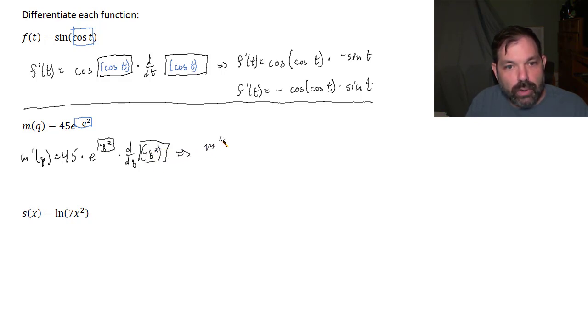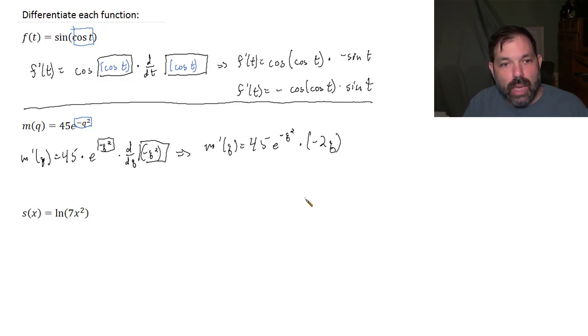So then m prime of q is 45 e to the negative q squared, and then the derivative of negative q squared with respect to q is negative 2q. And again, what I would do here is clean this up a little bit. 45 times negative 2q, I would bring that forward. So I would write m prime of q is negative 90q e to the negative q squared. That's what I would write.